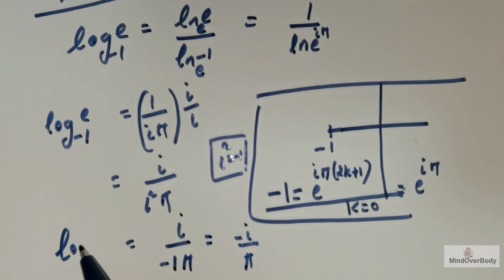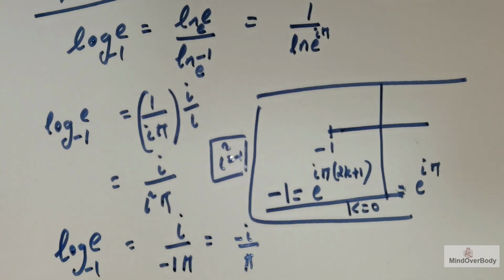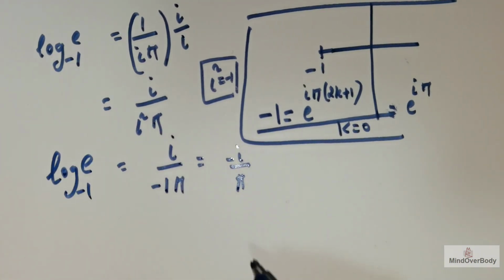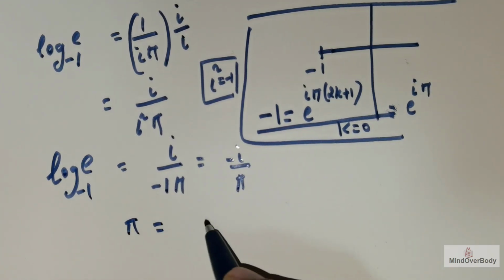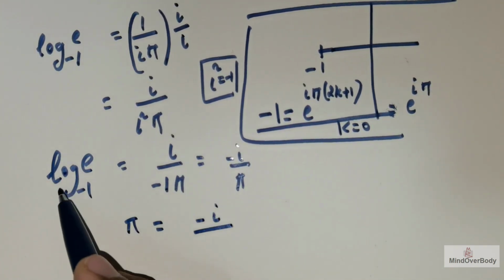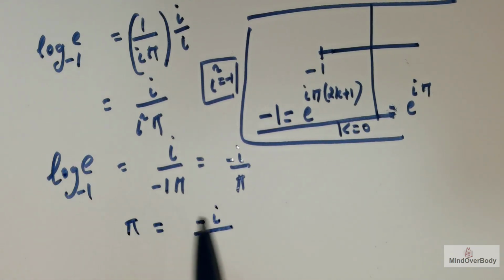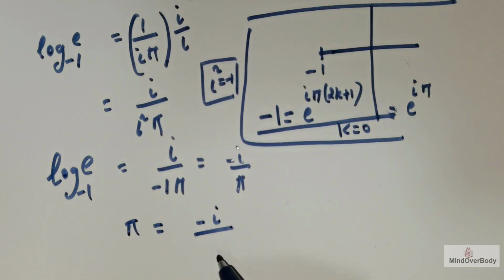On the left, I've got log of e to the base -1. Now I'm going to move the pi to that side, so pi is equal to -i, and I push this log of e to the base -1 down.